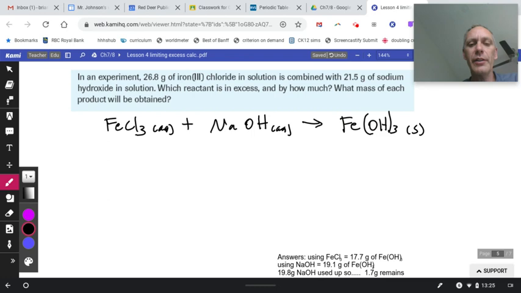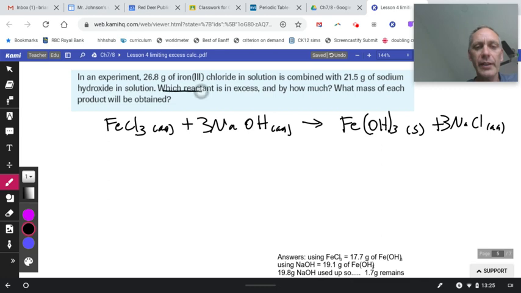That's a low solubility solid if you look it up. And NaCl, which is high solubility. To balance it, we'll need 3 hydroxides, 3 sodium, 3 chlorine. Okay, there's our balanced equation.